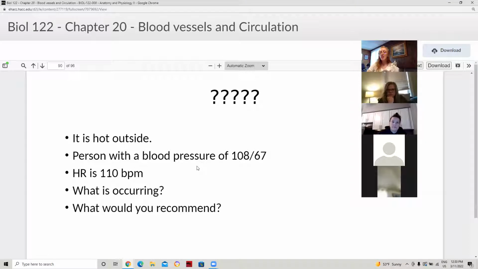And if they have less blood volume, they have less stroke volume. And if they have less stroke volume, their heart rate has to go up to maintain a cardiac output of 5 liters per minute. Does that make sense?